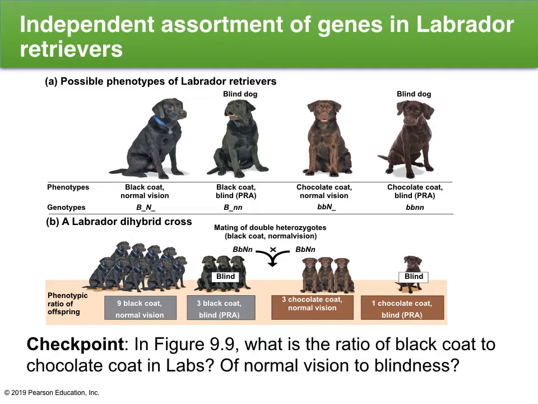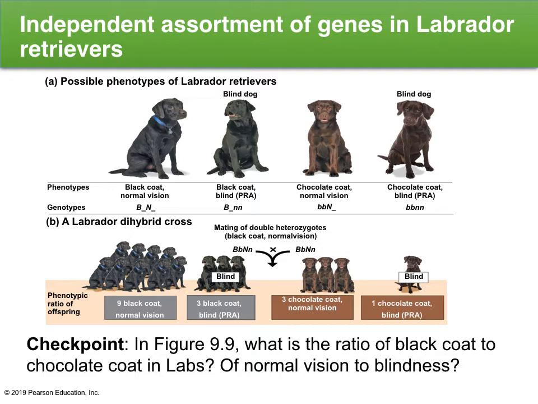The other heterozygotes are going to have the recessive color, the chocolate coat, and the dominant trait of normal vision. And again, 1 out of 16 is going to have the combination of both recessive alleles.